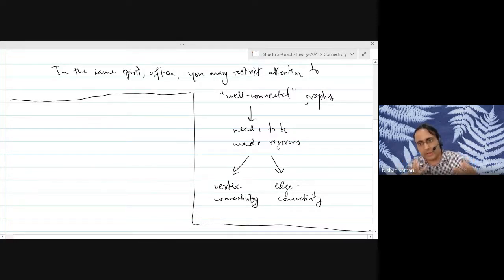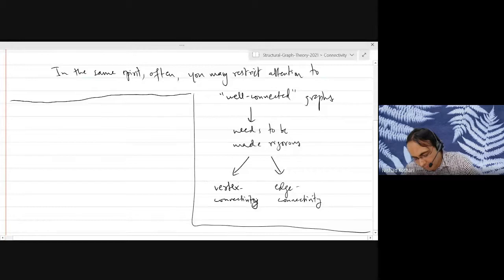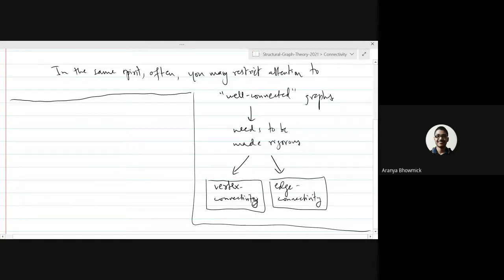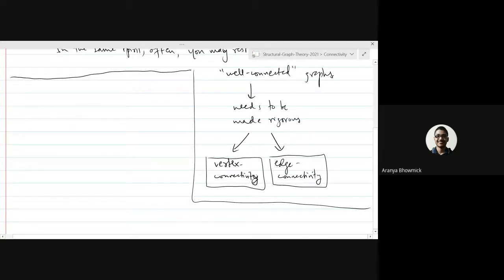You just need to look at well-connected graphs, and the definition of well-connected depends on the area you're studying, right? And two notions that we will use to make this rigorous are vertex connectivity and edge connectivity. So I'm deliberately being vague here because I'm not talking about a specific area at this point.